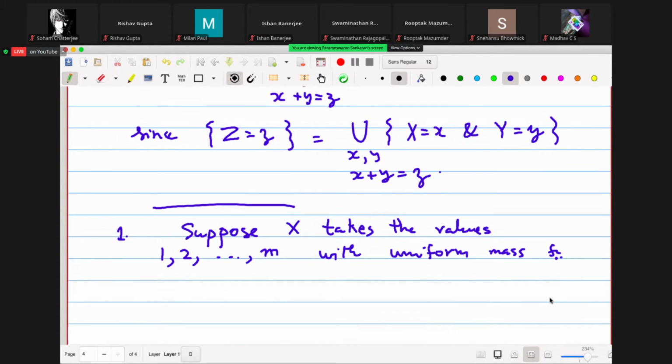So it takes each value with equal probability. That's what it means. And Y takes values 1, 2, 3 up to n uniformly.